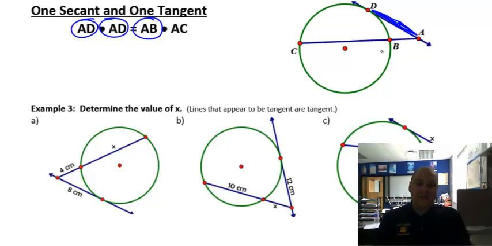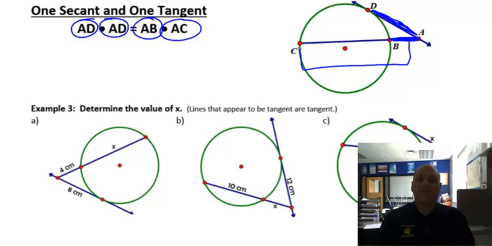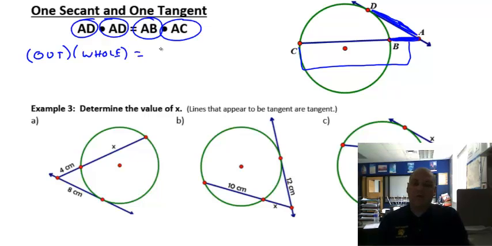And then AB times AC, the whole thing. So essentially it's the same thing. It's outside times the whole equals outside times the whole. The outside piece times the whole piece.